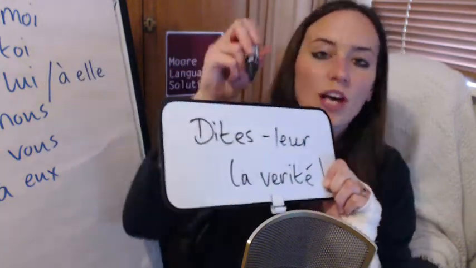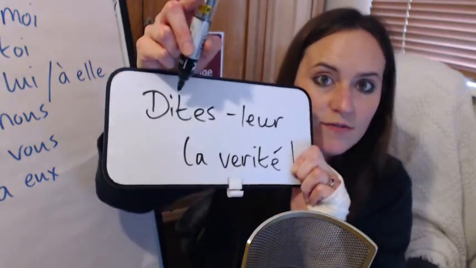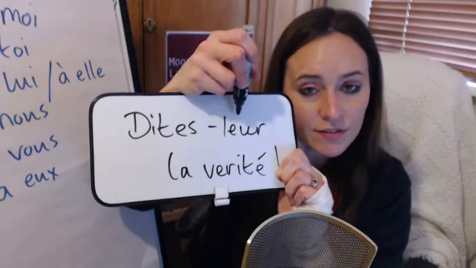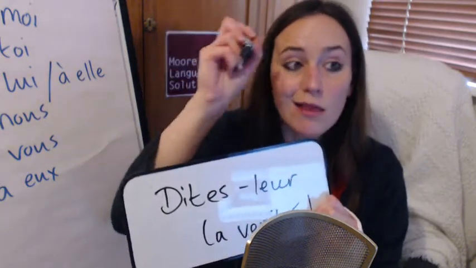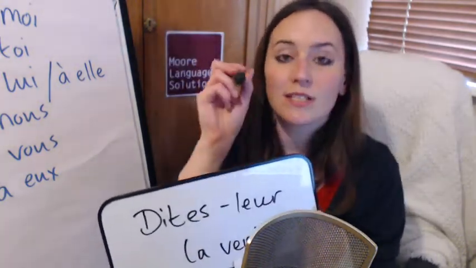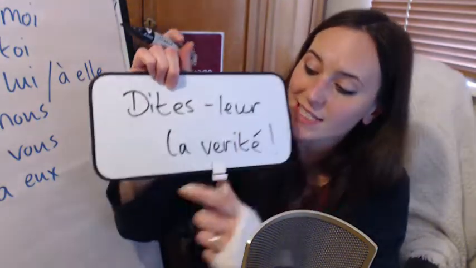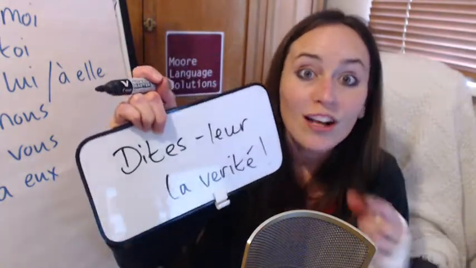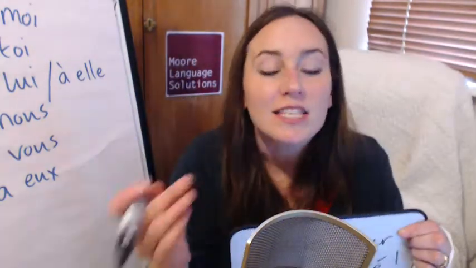So when you have an imperative, you take the imperative form of the verb, and then you put the pronoun afterwards. So like in English, tell to them the truth. Dites la vérité à eux. Dites-leur la vérité. Dites-moi.